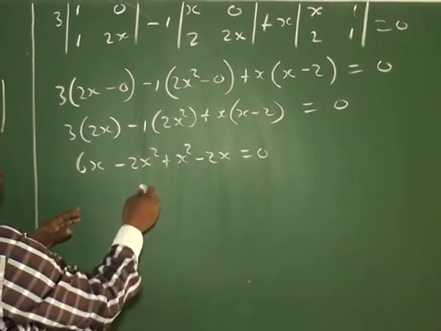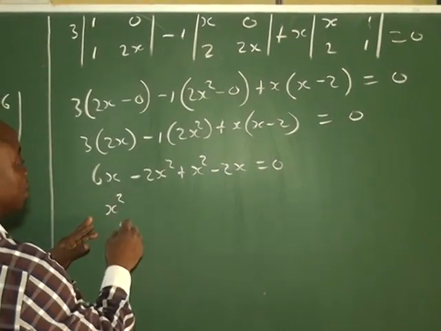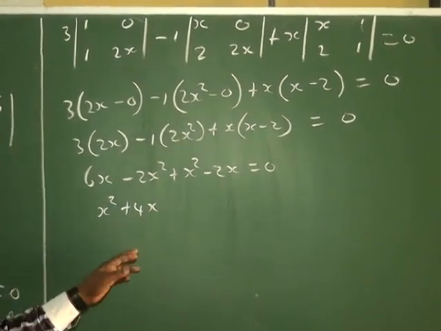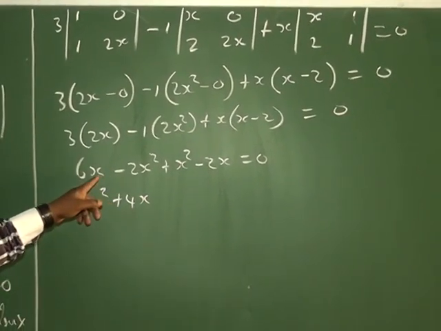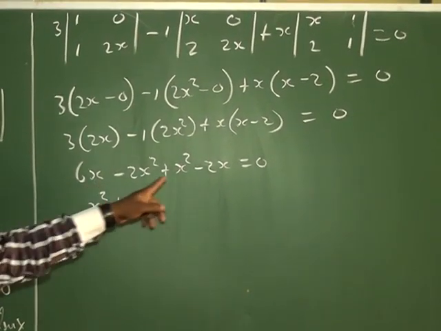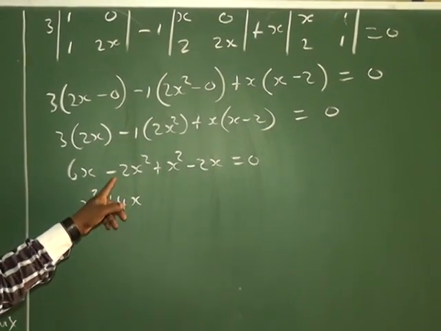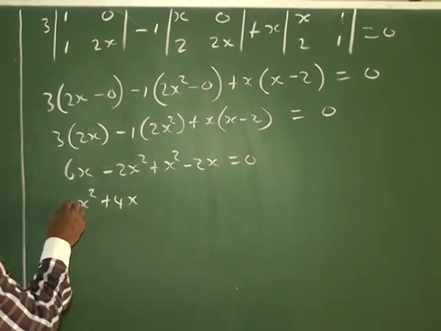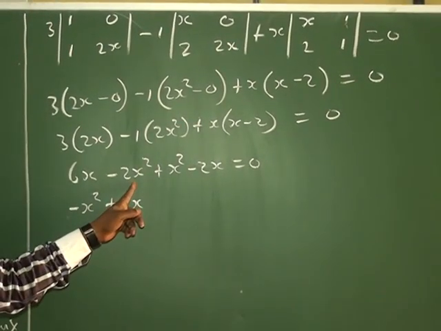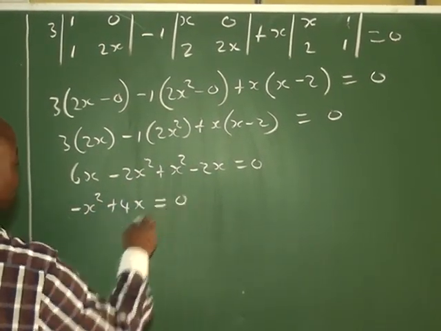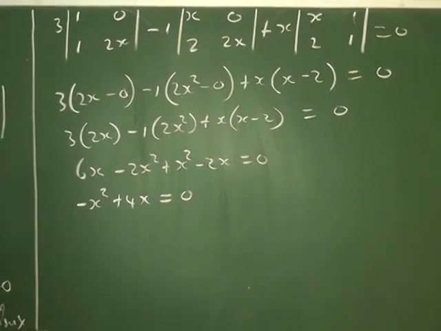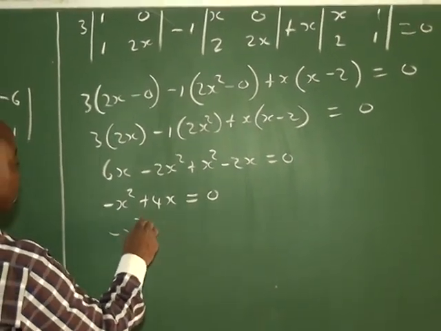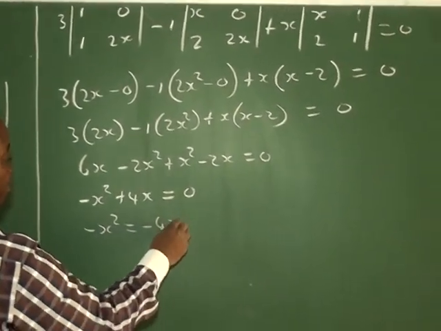That means we will have x squared plus 4x. Now notice that 6x minus 2x is 4x, and minus 2x squared plus x squared is minus x squared. And that equals 0. What it means is that minus x squared equals minus 4x.